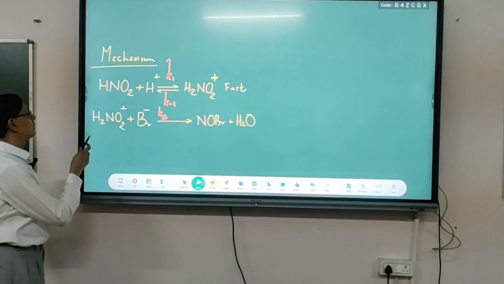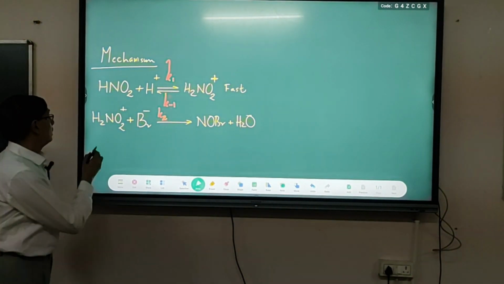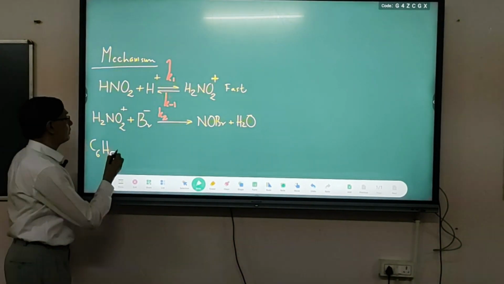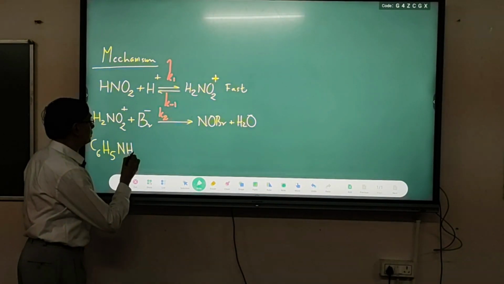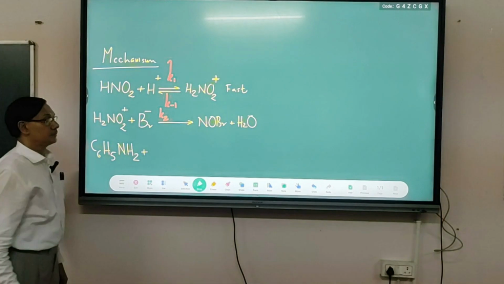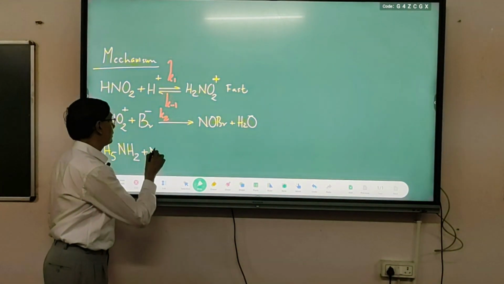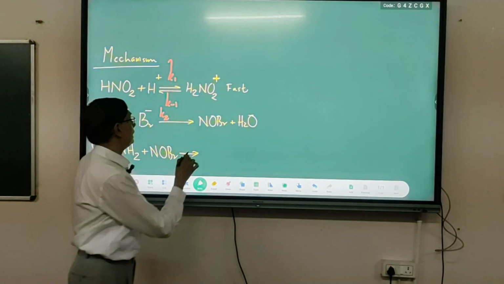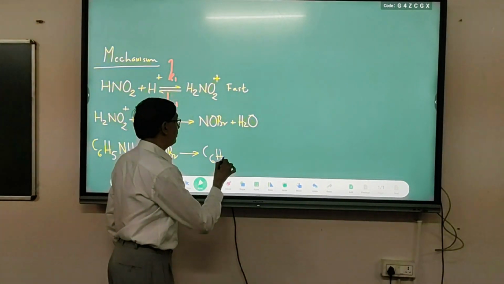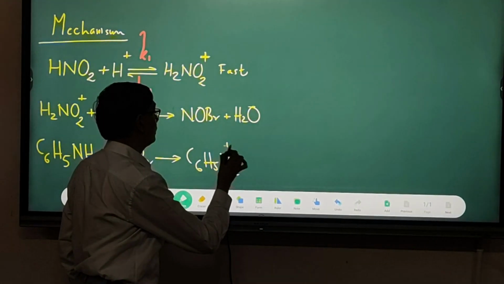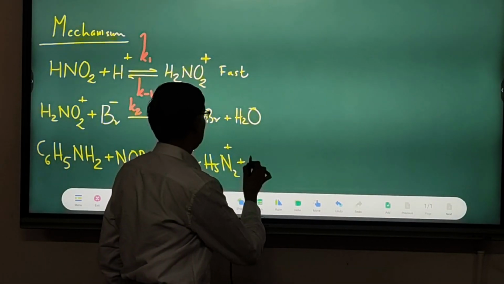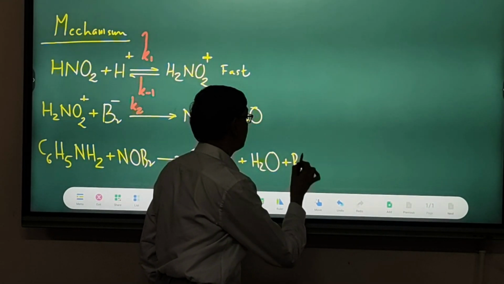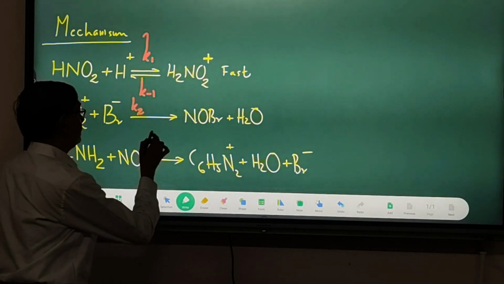And the third step is of course C6H5NH2 plus this NOBr, and finally we get C6H5N2 plus H2O, and I think this, okay, and this is k3.